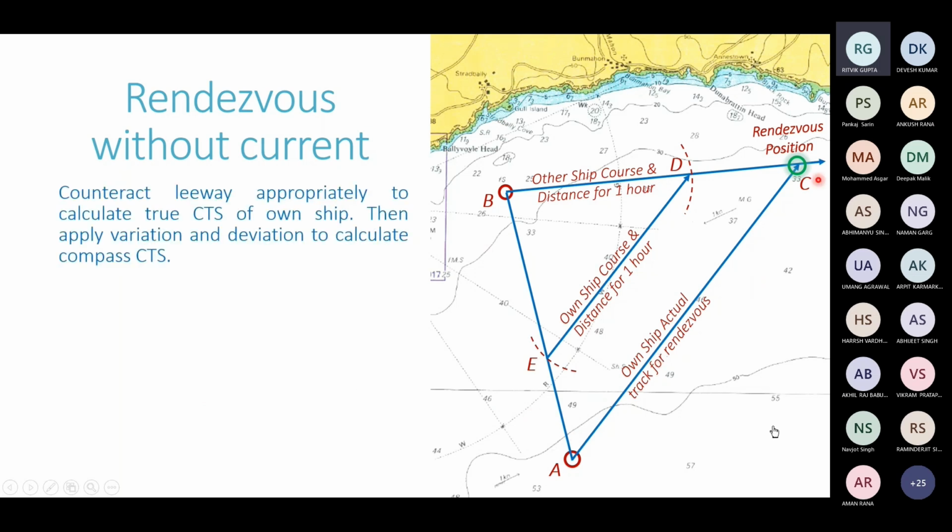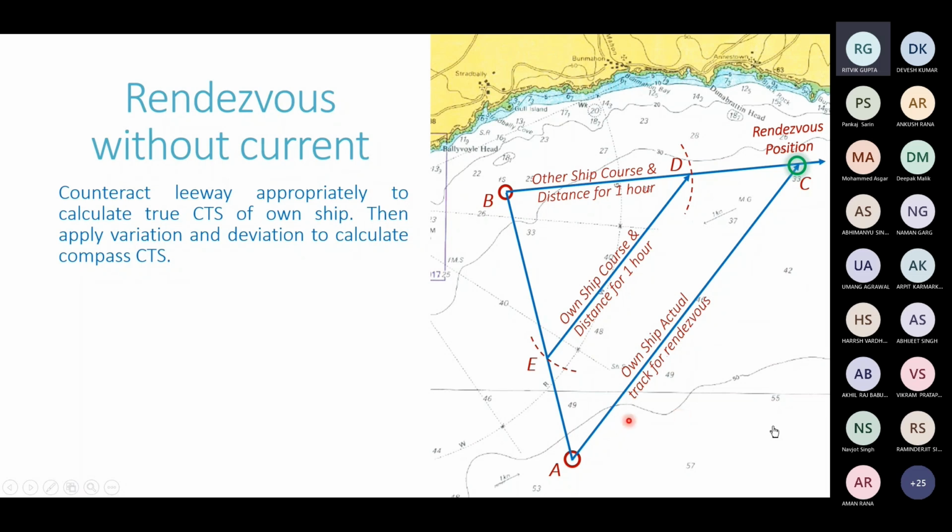Now we can read out this course from the chart. This is the course to steer, and if there is any wind given, the leeway angle is given to us, wind is present in that area, then this will be the leeway track.